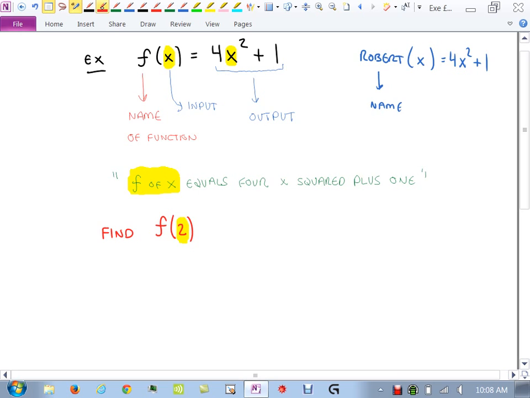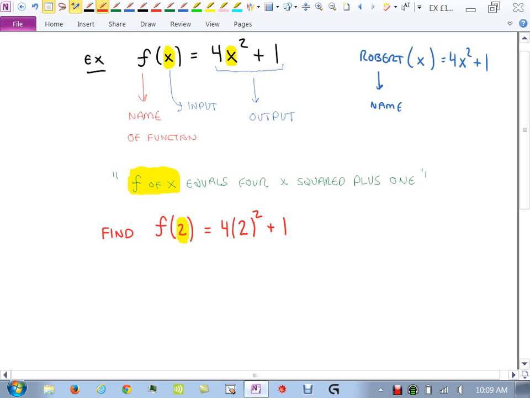So it becomes 4, then what? 2 squared plus 1. Now, I should probably not write it like that, because you might think that's 42 maybe. So what should I do? Parentheses around that 2. Now that becomes critically important if I plug a negative number in, as you'll see on the next example I do.